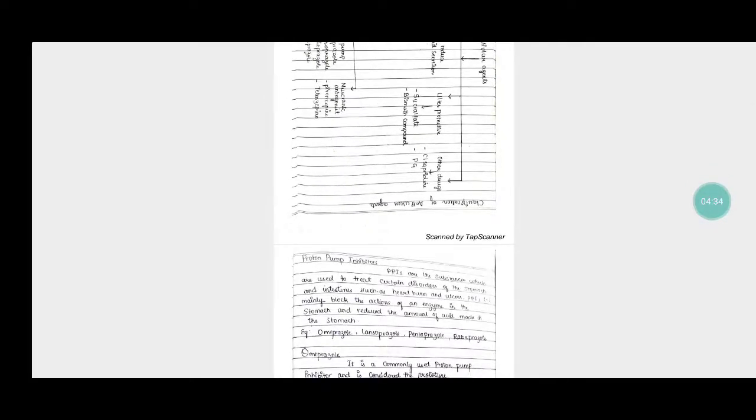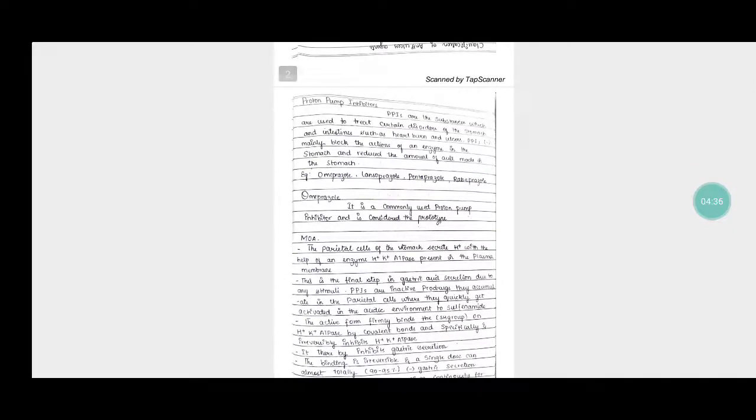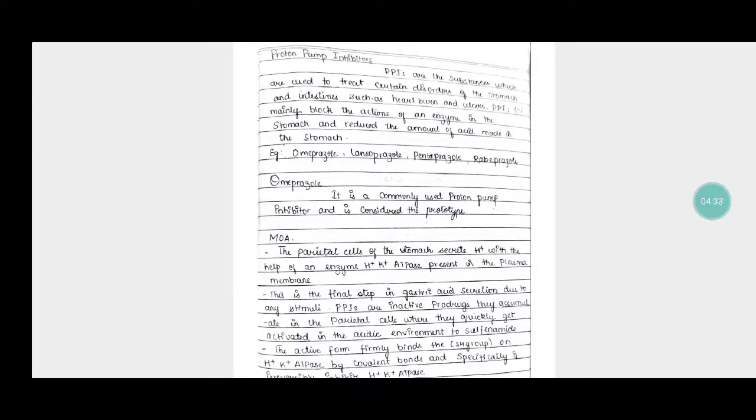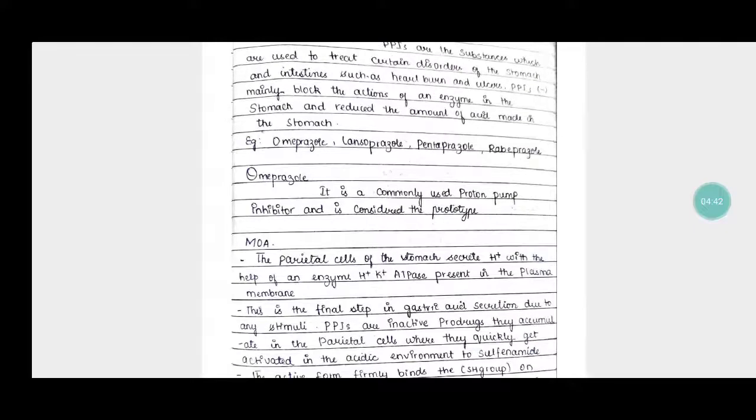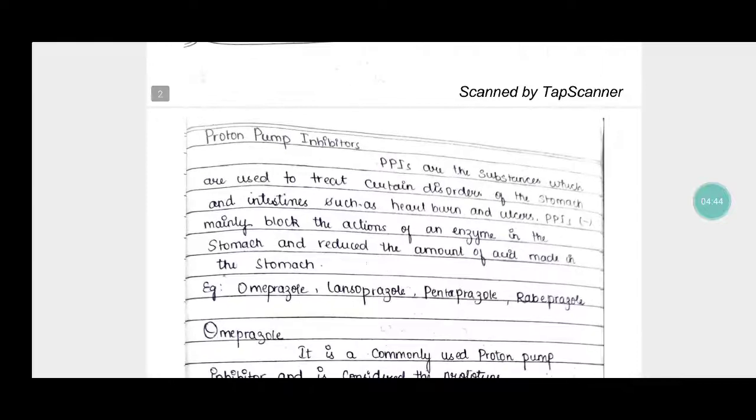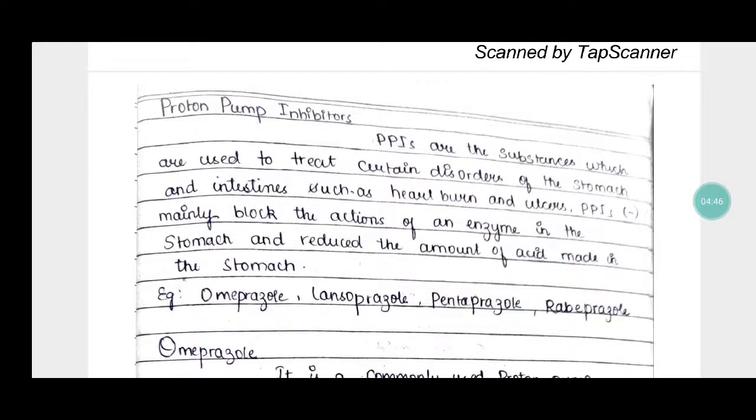classification of anti-ulcer agents. Now the mechanism of action and therapeutic uses of proton pump inhibitors. The proton pump inhibitors are substances which are used to treat certain disorders of the stomach and the intestines, such as heartburn and ulcer.